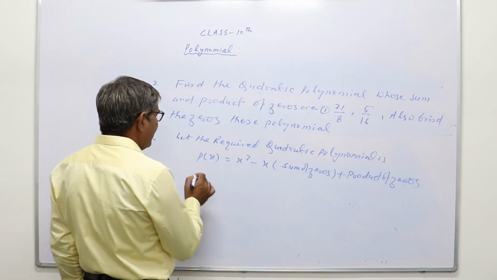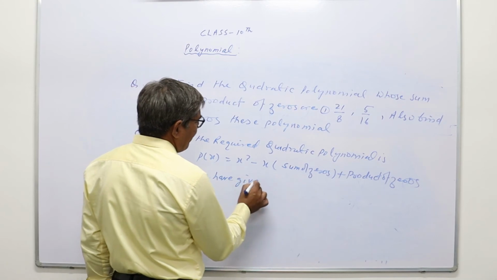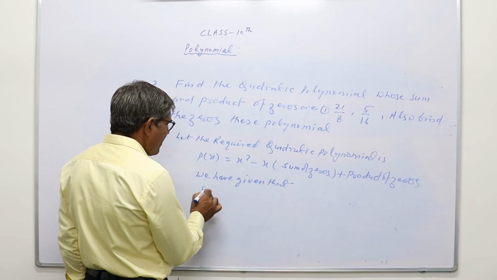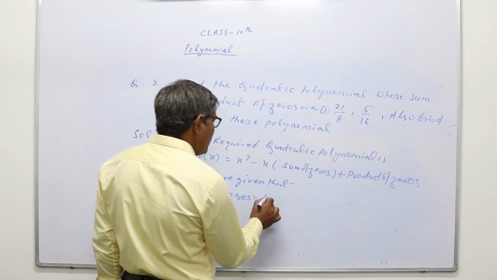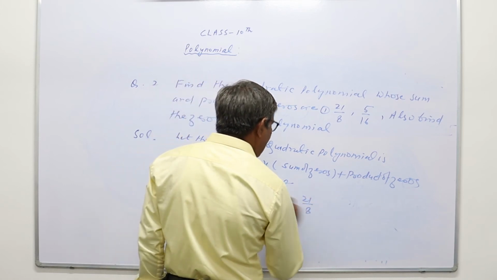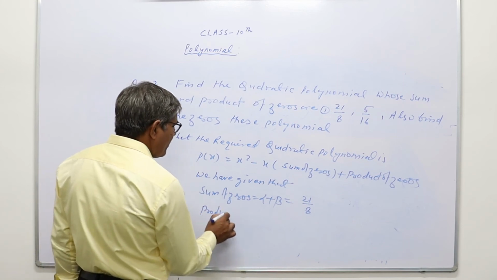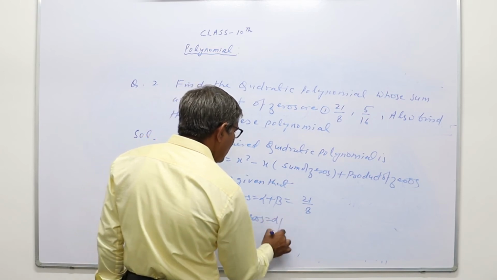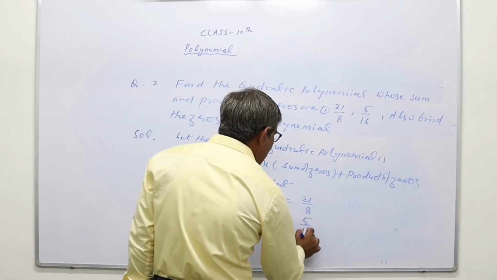Now what is given? We are given that sum of zeros is equal to alpha plus beta, which is 21/8, and product of zeros is equal to alpha into beta, which is 5/16.